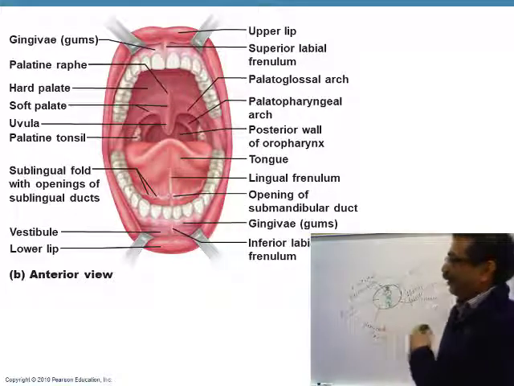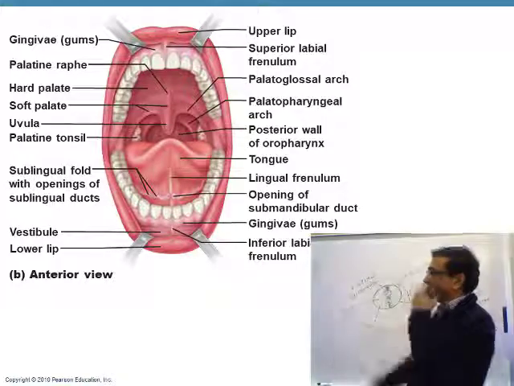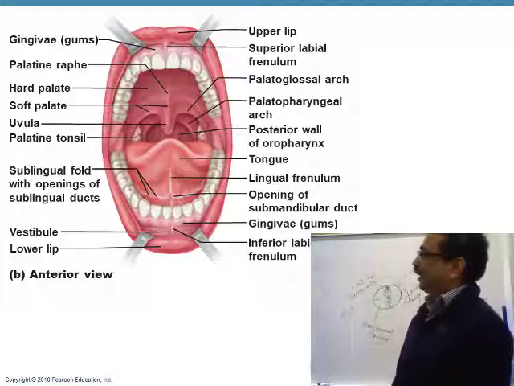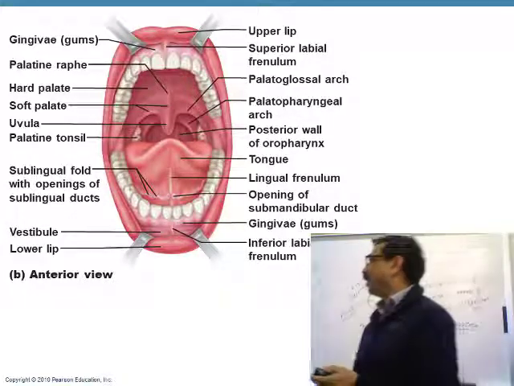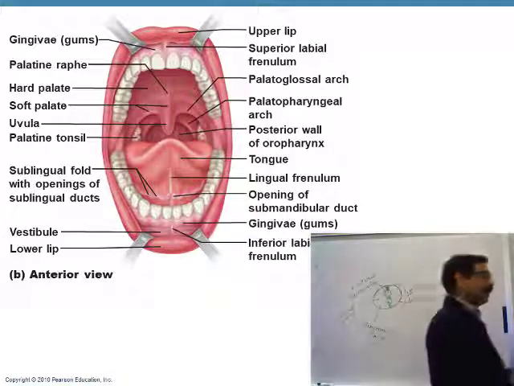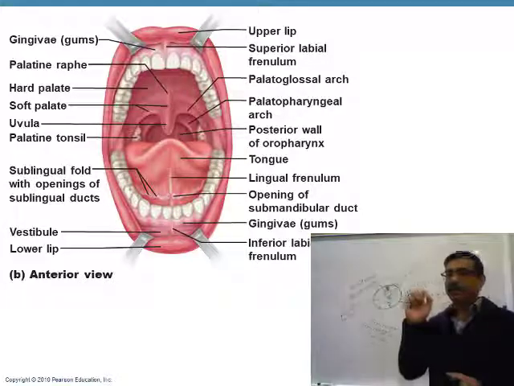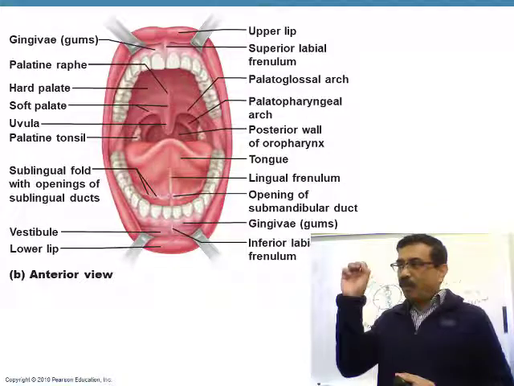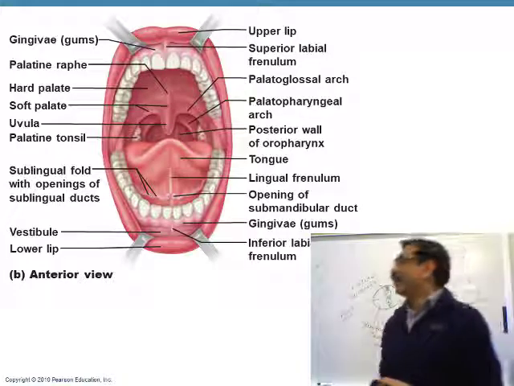Here you also see the uvula, that end part of the soft palate which is hanging. You see the opening of the sublingual salivary ducts. Under the tongue you see a number of openings, very small, but if you look carefully you can see the small openings of the ducts or tubes.